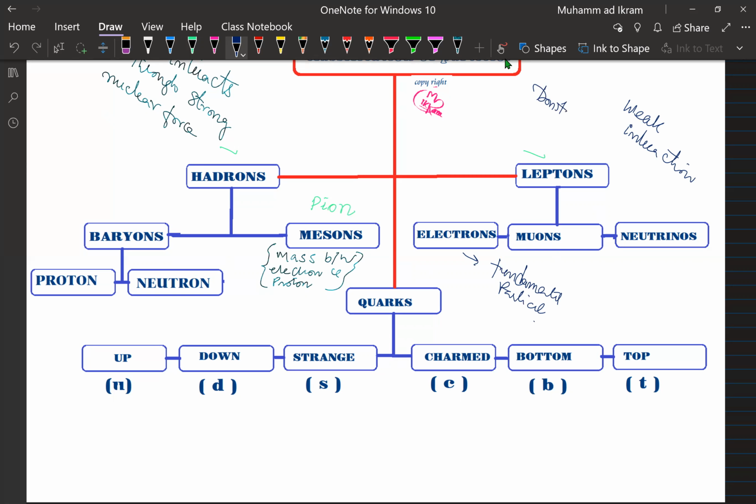These particles do not experience the strong nuclear force, so of course you cannot find them inside the nucleus. These particles include the electrons, muons, and neutrinos, and they are less massive than the proton and neutron, that is the baryons.